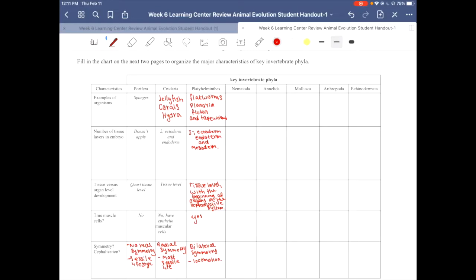Okay, the next is Nematoda, and here we're going to see roundworms. An example of roundworms are horsehair and Ascaris worms.